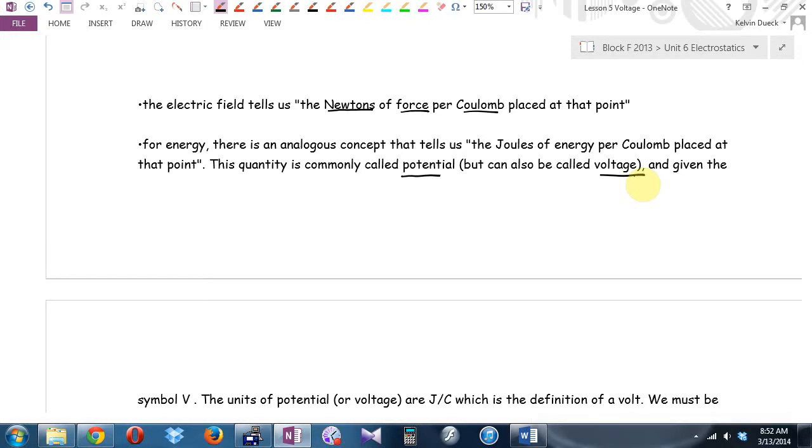Now, there's a problem. Potential tells us how much potential energy per coulomb, but it's not energy. And there is, no pun intended, lots of potential for kids to potentially get potential and potential energy mixed up. They're similar, they overlap, but they're different ideas.